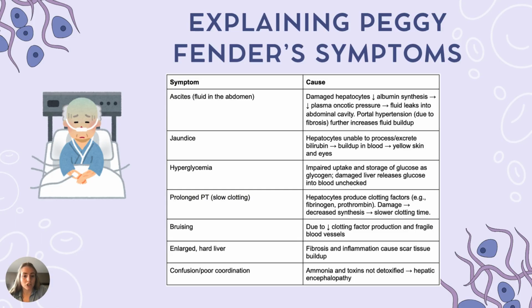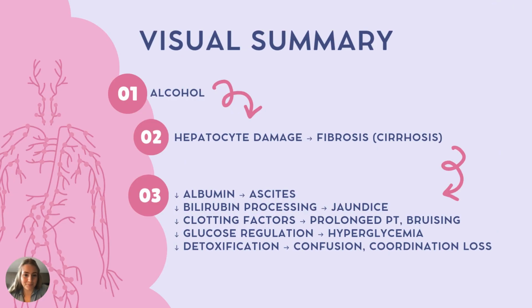And then her enlarged and hard liver is due to the fibrosis and inflammation caused by the scar tissue buildup. And finally, her confusion and poor coordination is due to the buildup of toxins, hepatic encephalopathy, because the toxins are not removed from the body properly. So all of these are caused by damage to the liver.